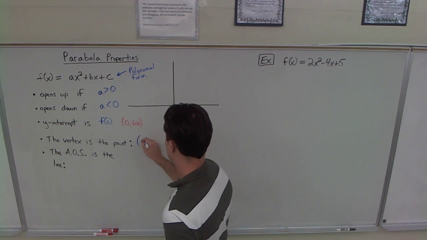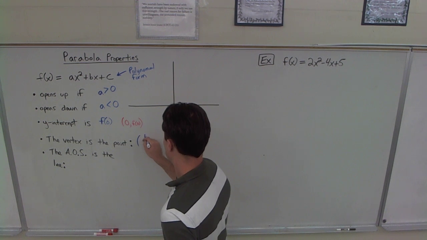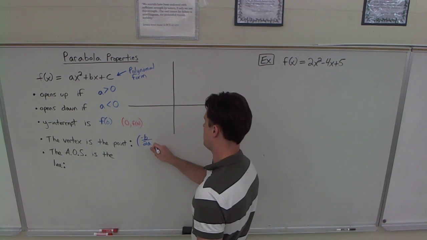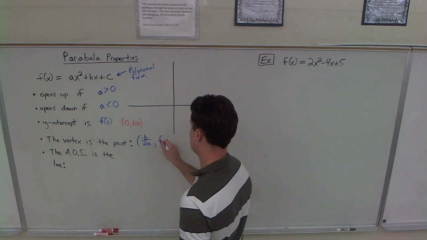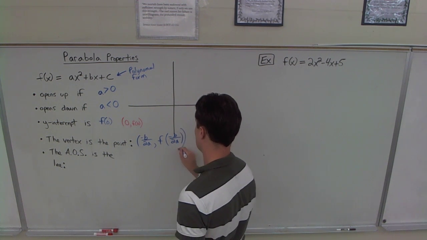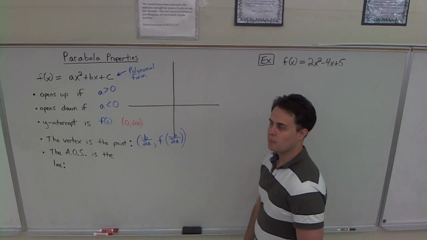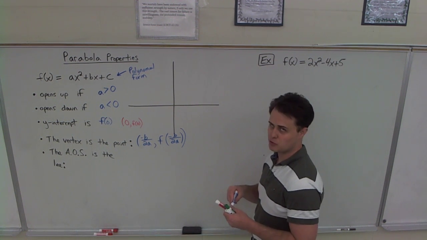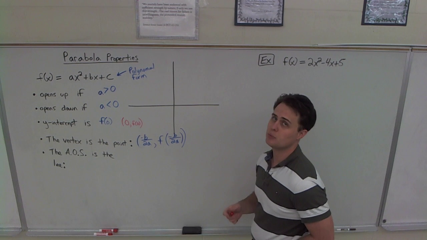It's going to be negative b over 2a. And so if you want the y value, of course, you'd plug that in and go f of negative b over 2a. So that's the vertex of a parabola when you're in polynomial form.